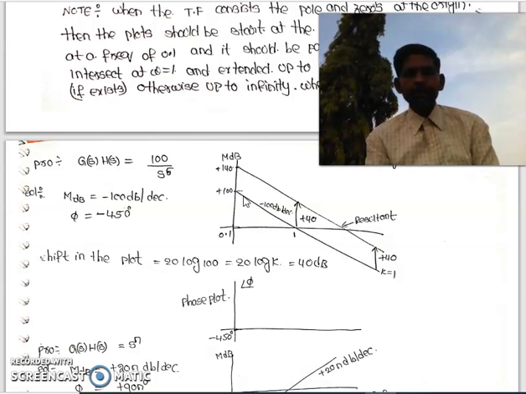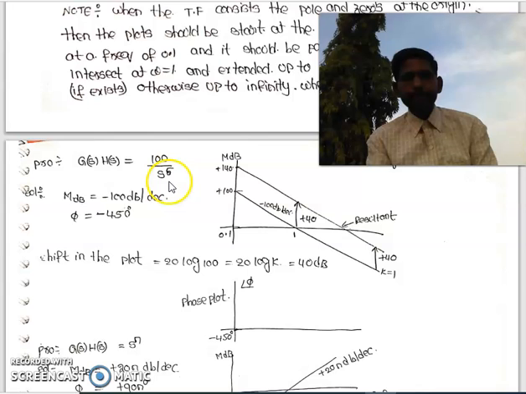Whenever we are having zeros in the transfer function, the Bode plot slope will be increased by plus 20 dB per decade. Keep in mind that in this problem we are having 5 poles at the origin, that is s to the power 5.